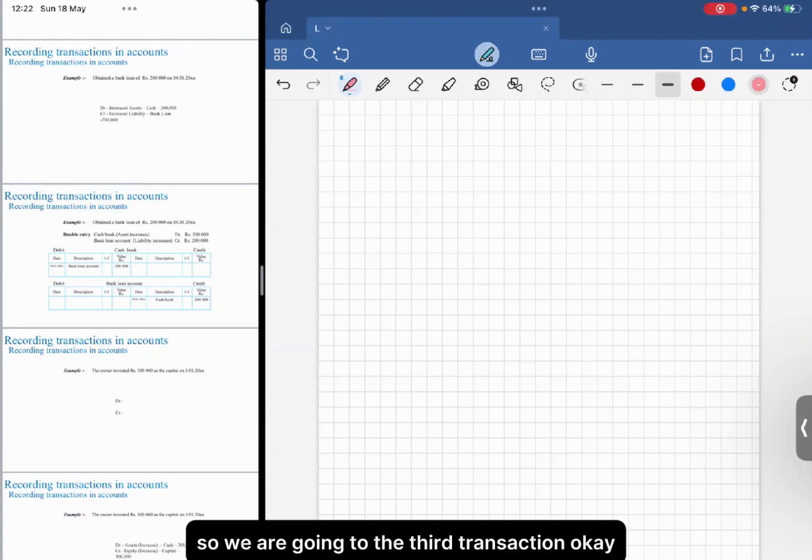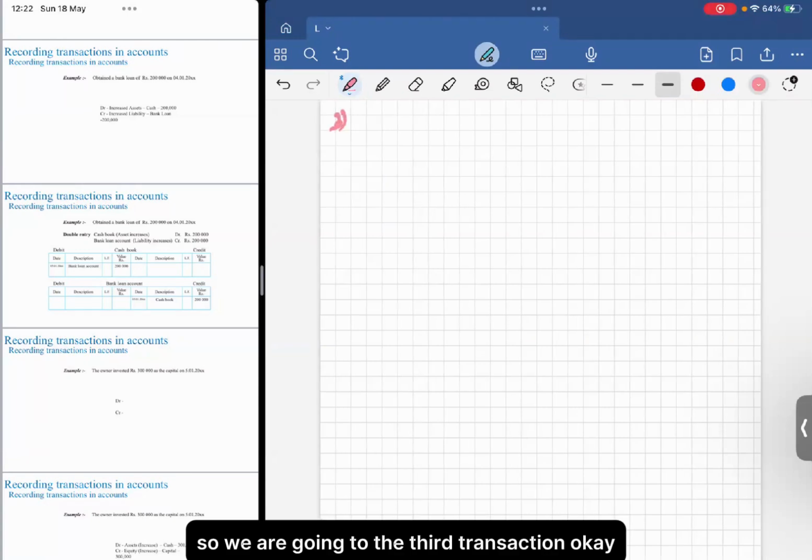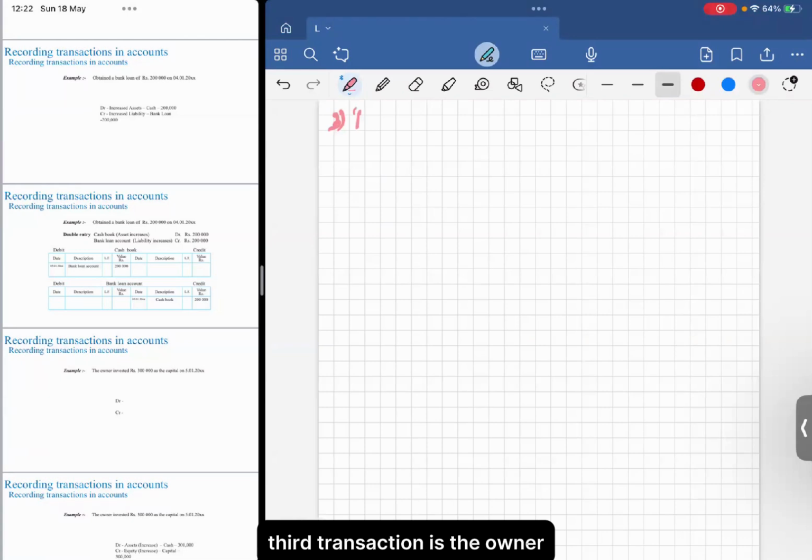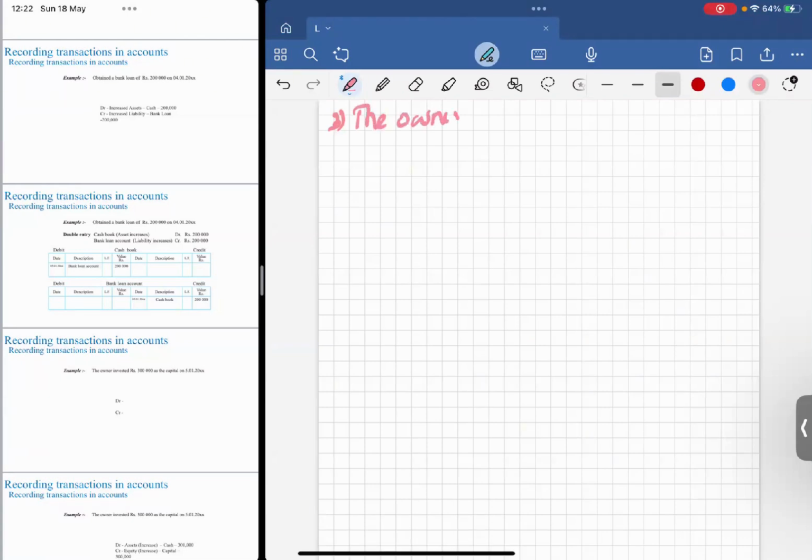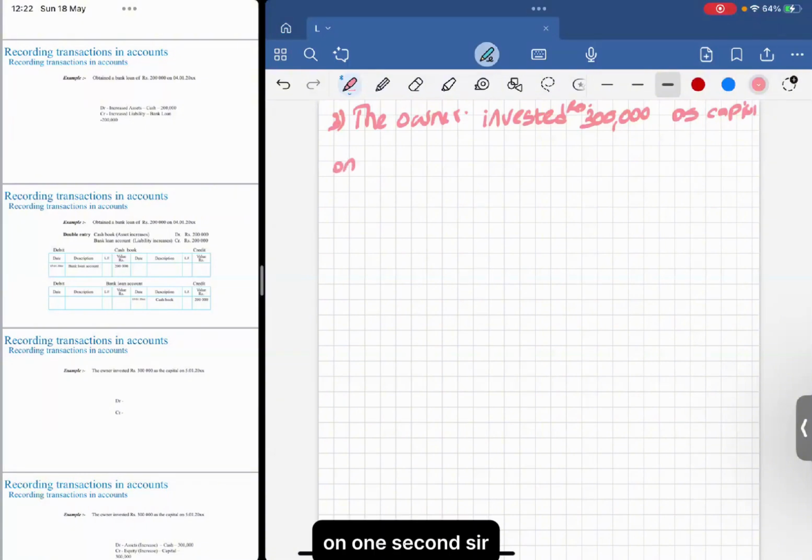Okay, so we are going to the third transaction. The third transaction is: the owner invested 300,000 rupees as capital on 5th January 2025.